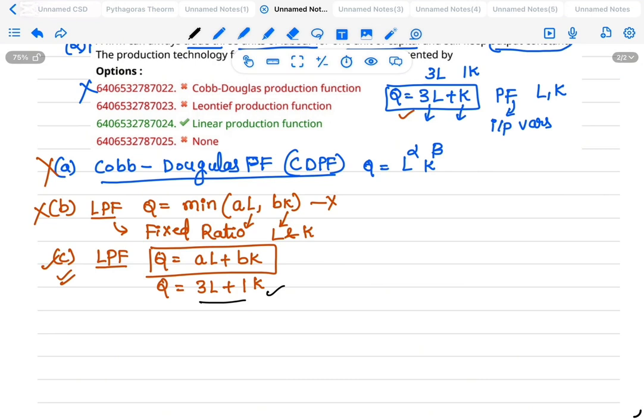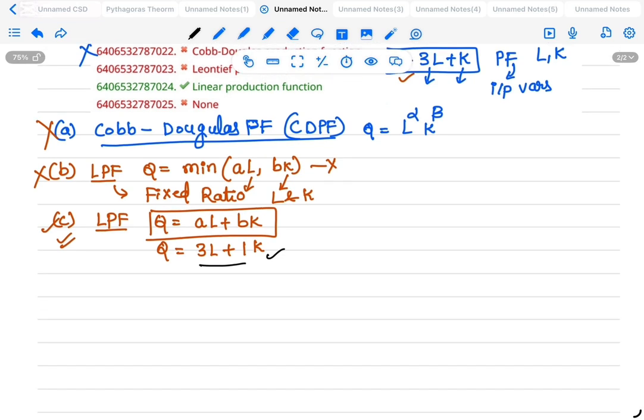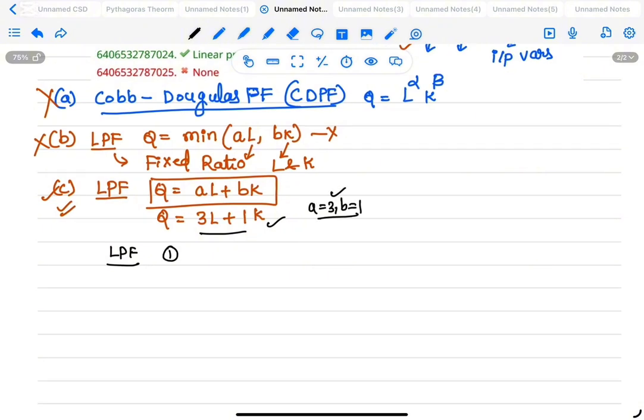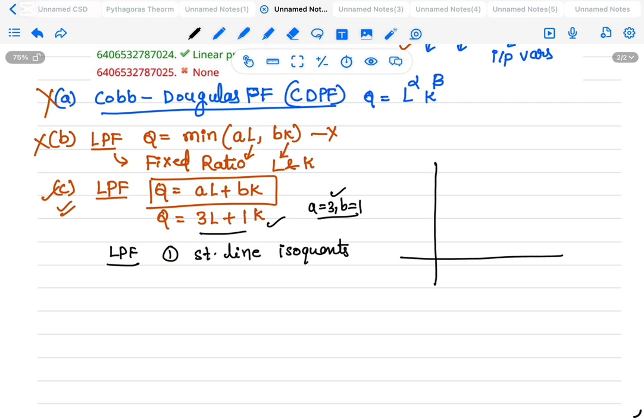Now we will learn the linear production function properties. First one is straight line isoquants, that is, the isoquants are linear.